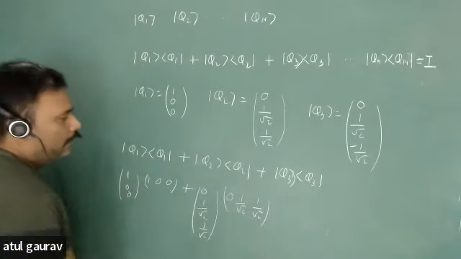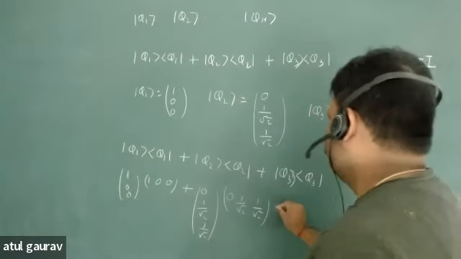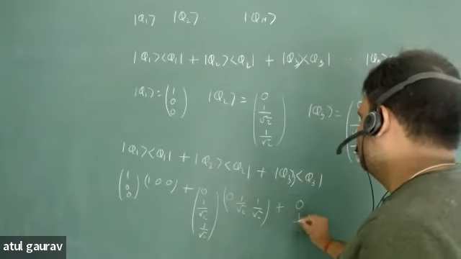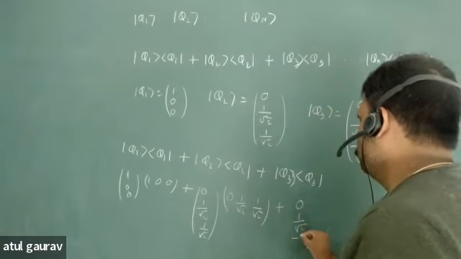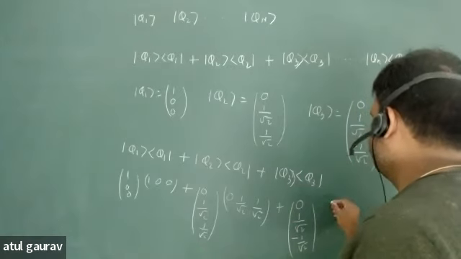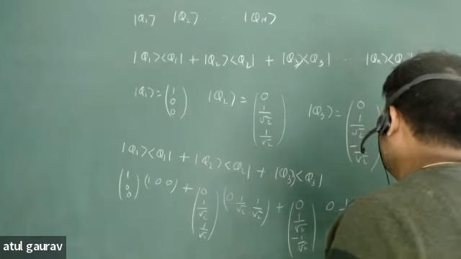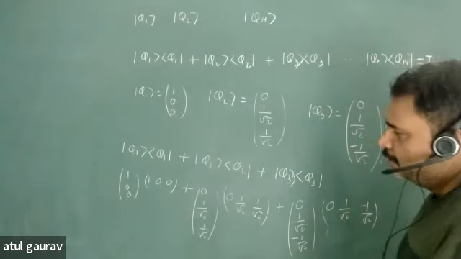Same thing you have to write in bra form. Next is what? 0, 1 by root 2, minus 1 by root 2. And here you will write 0, 1 by root 2, minus 1 by root 2. Yes?